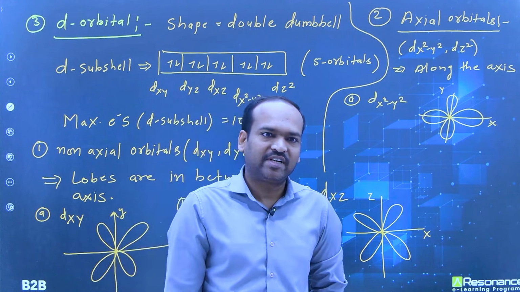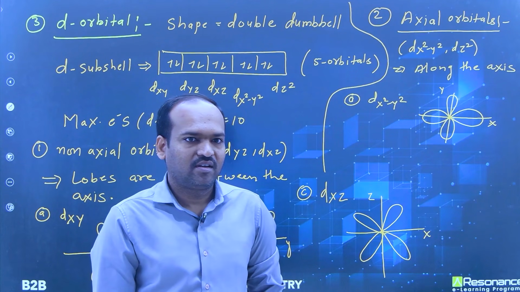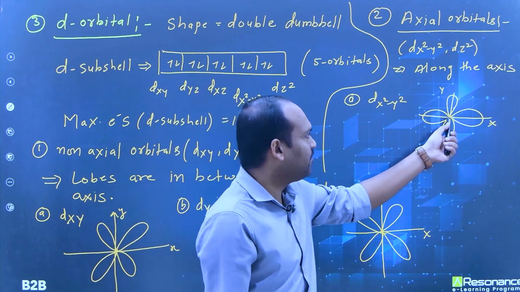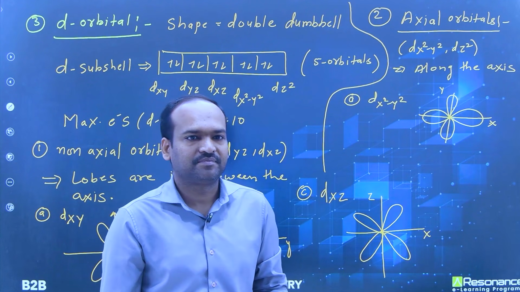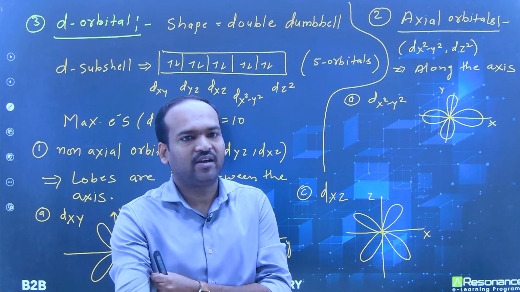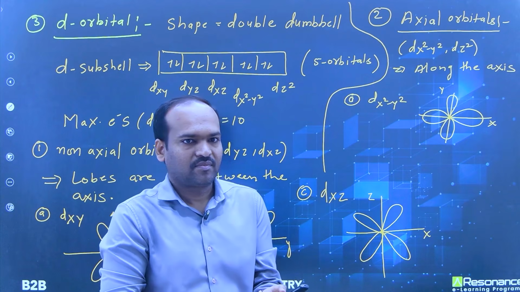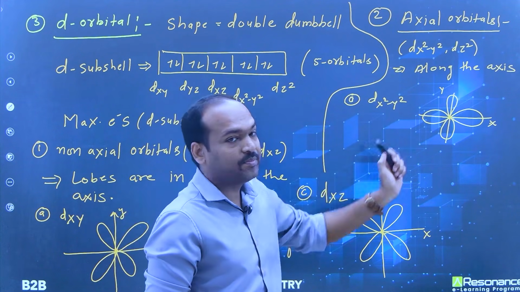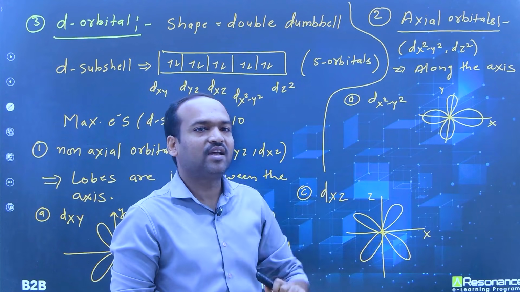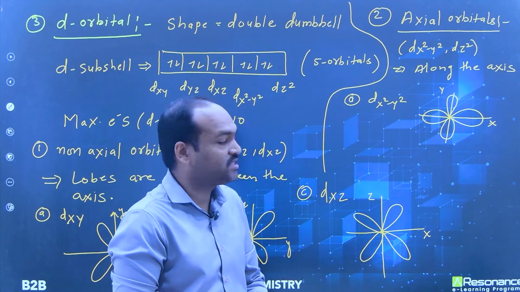The lobes are away from the nucleus, because at the nucleus there is no electron density. If it is along the axis, then both lobes are present on the x-axis and y-axis.